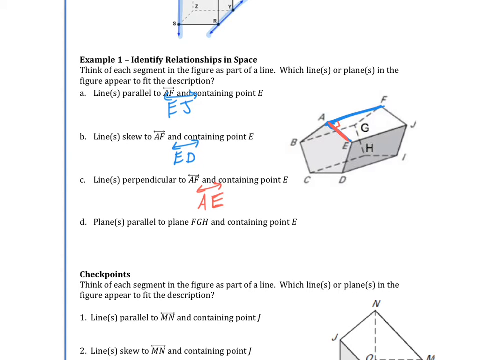And then lastly, which plane or planes is parallel to plane FGH? FGH is way back here. It's this back one. Which plane is parallel to that containing point E? Parallel means never cross. That'll be this opposite end. So that'll be plane AED.